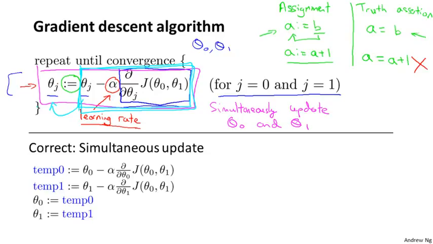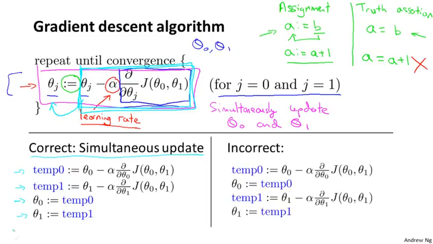Okay? So let me say what I mean by that. This is a correct implementation of gradient descent, meaning a simultaneous update. So I'm going to set temp 0 equals that, set temp 1 equals that, so basically compute the right-hand sides. And then having computed the right-hand sides and stored them into variables temp 0 and temp 1, I'm going to update theta 0 and theta 1 simultaneously. So that's the correct implementation.